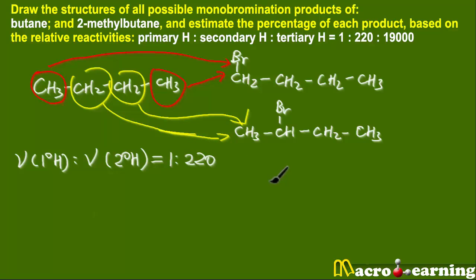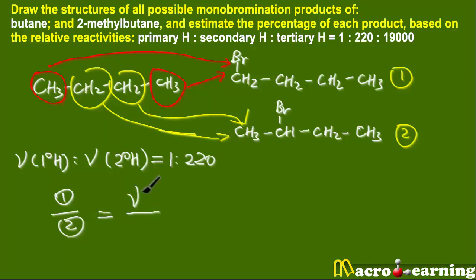So to get the product ratio, we have to do this. Let's call this product 1 and this product 2. So the ratio of 1 over 2 would be the reactivity ratio of the corresponding hydrogens, primary over secondary.